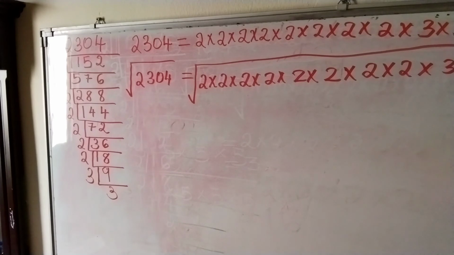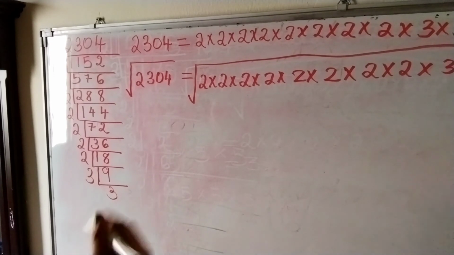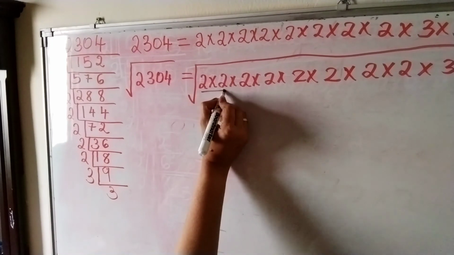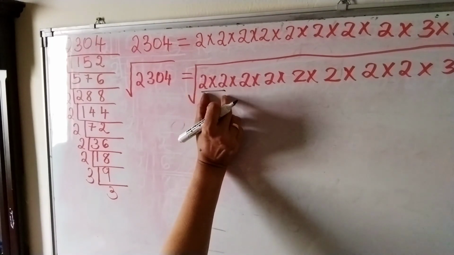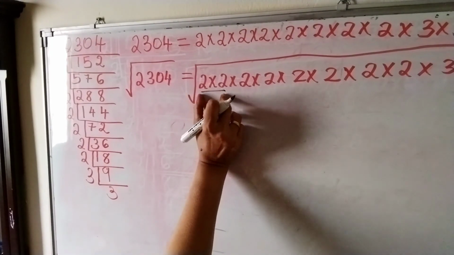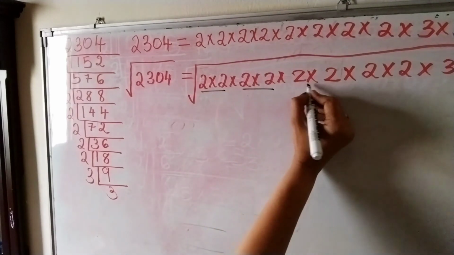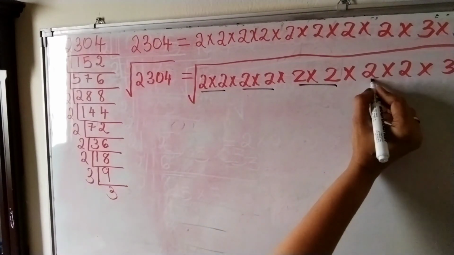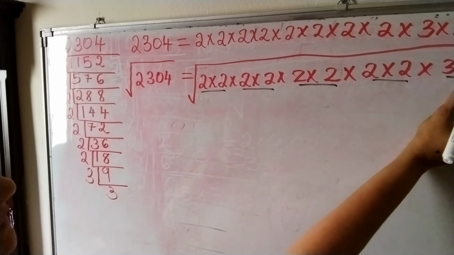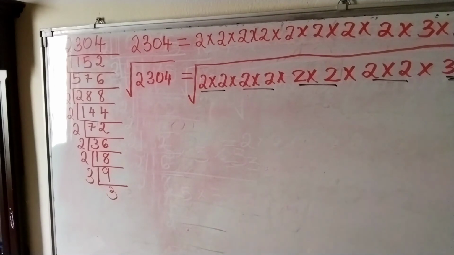So from these we have to take the pairs. From these we have to take one. How many pairs do we get? 1 pair, 2 pair, 3 pair, 4 pair, 5 pair. Okay, 5 pairs we get.